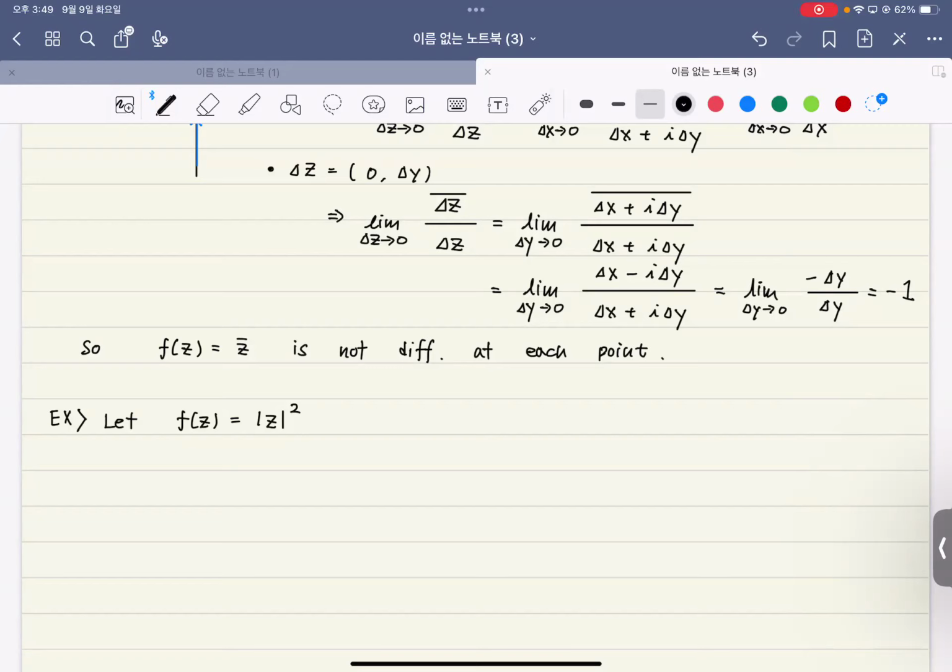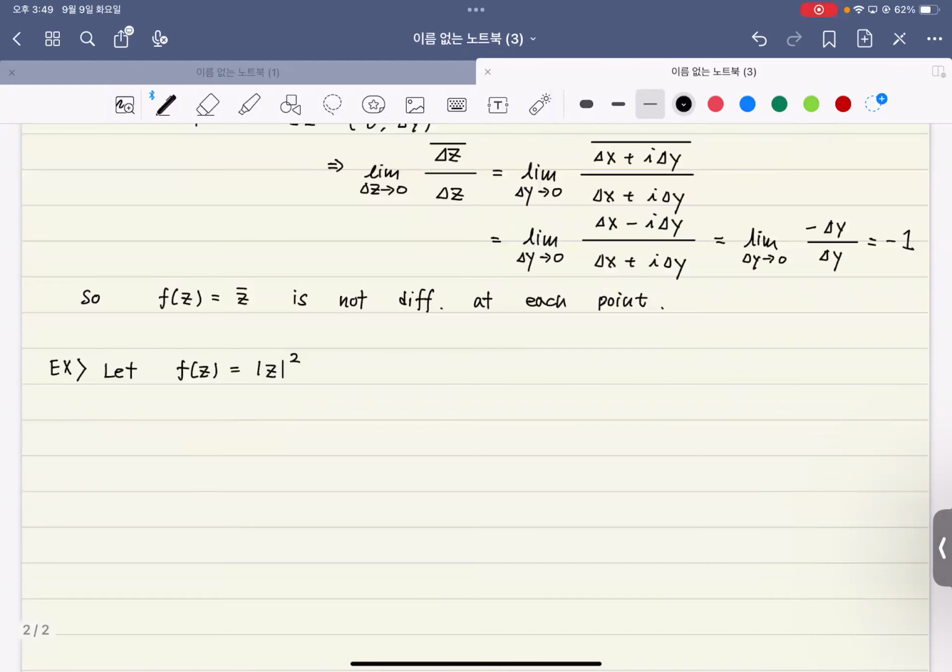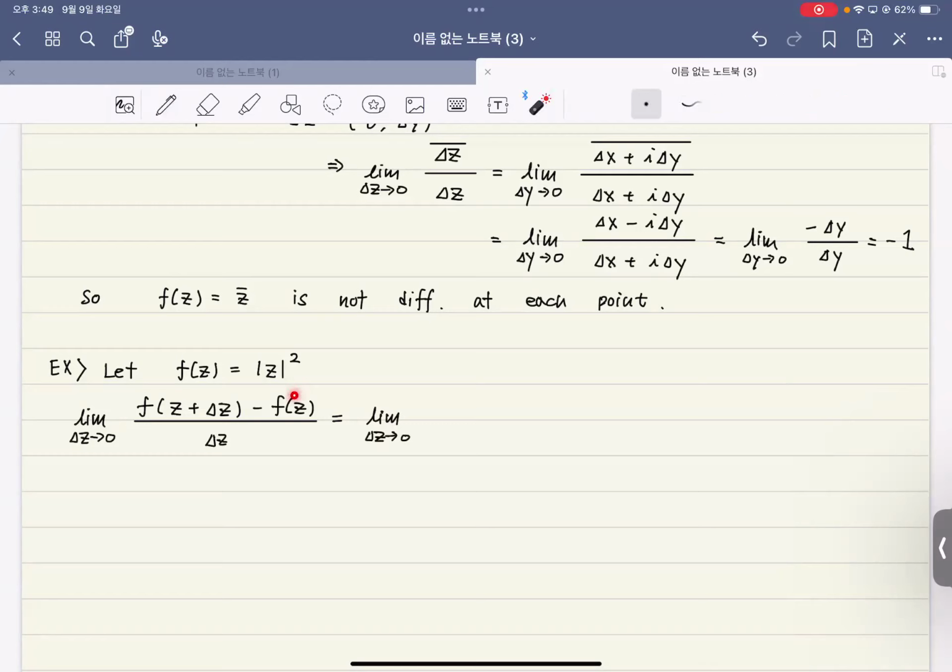This guy is, well, as z is tending to 0, so f of z plus delta of z minus f of z over delta of z. Now I need to deal with this complex conjugate, modulus squared.